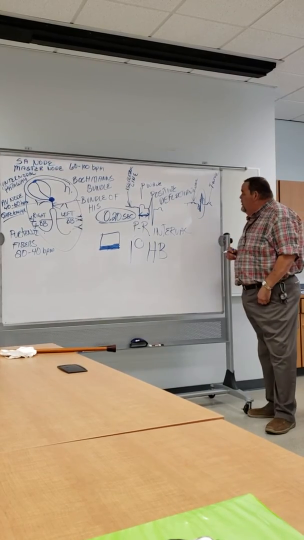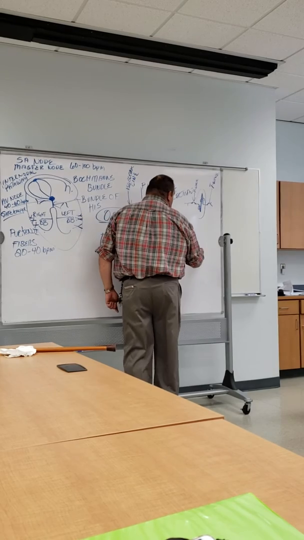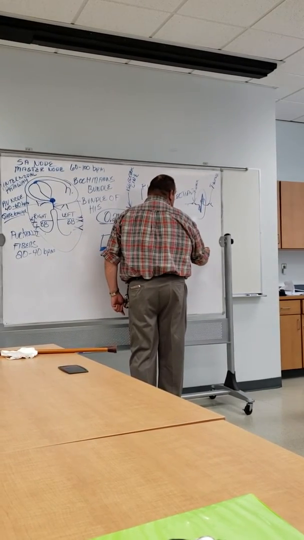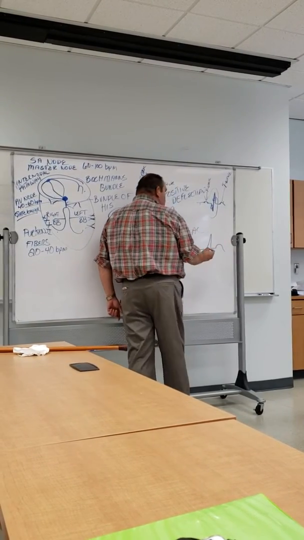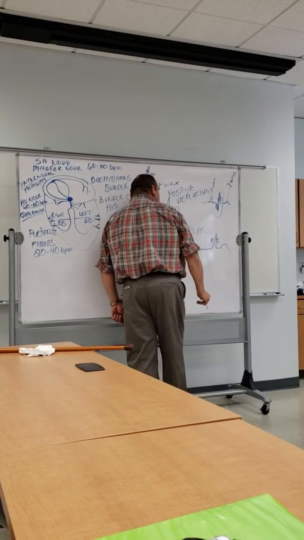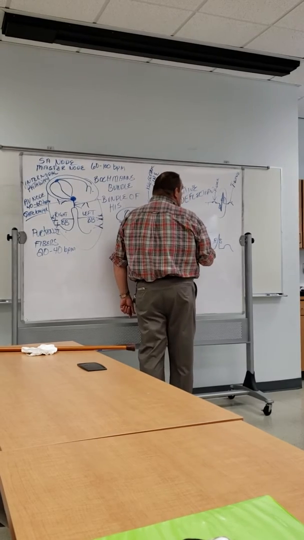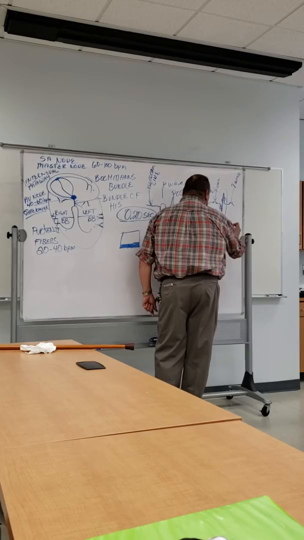Now, what I need for you to understand, when you have just a positive deflection, that's obviously going to be an RS, okay? But just because it doesn't have a Q wave, it's still called a QRS.